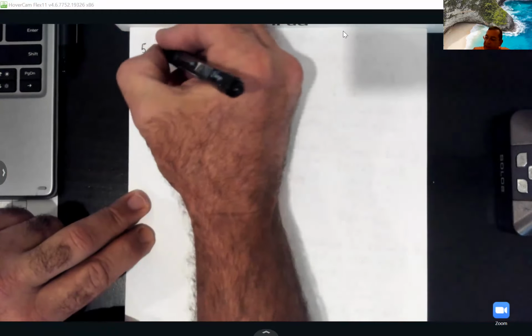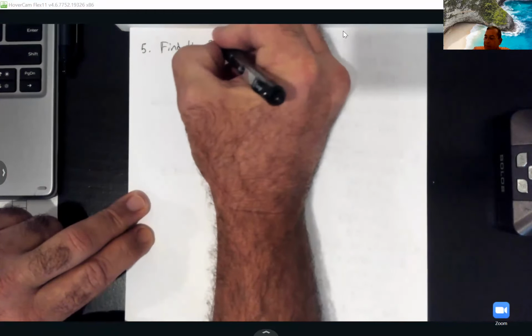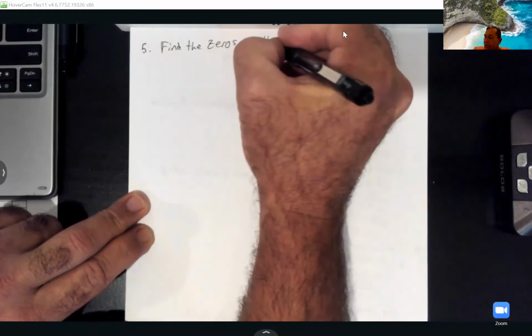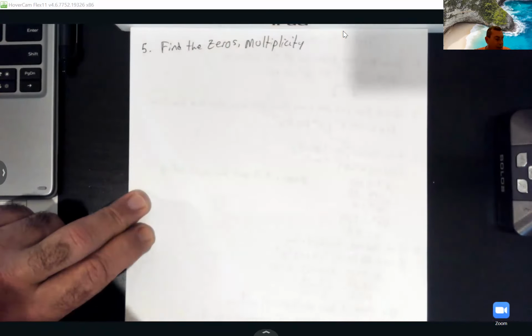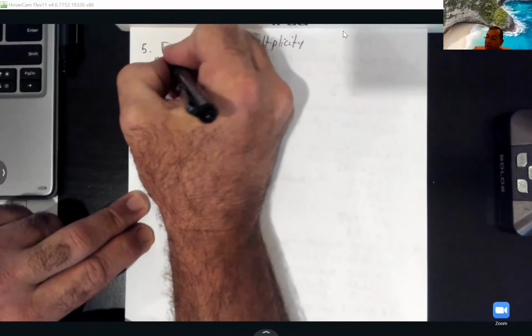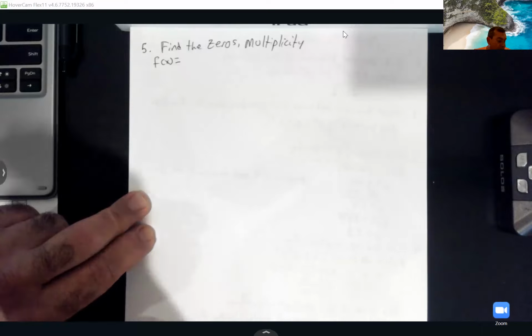Same thing, find the zeros and multiplicity. But y'all, this time they're not giving us one that's already factored. They're giving me a 4-term polynomial.